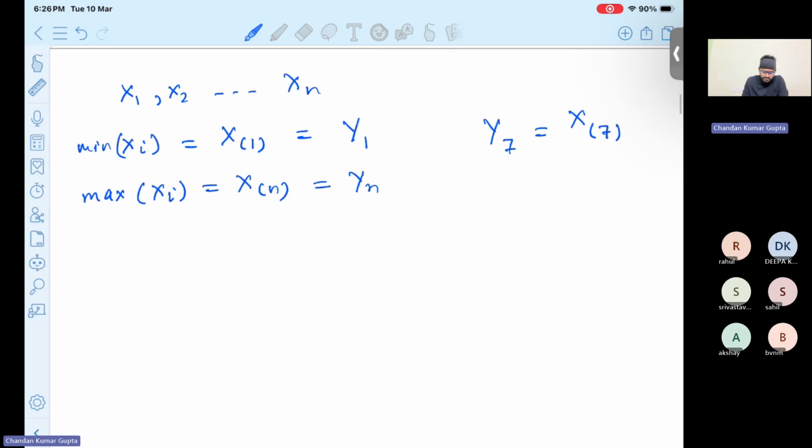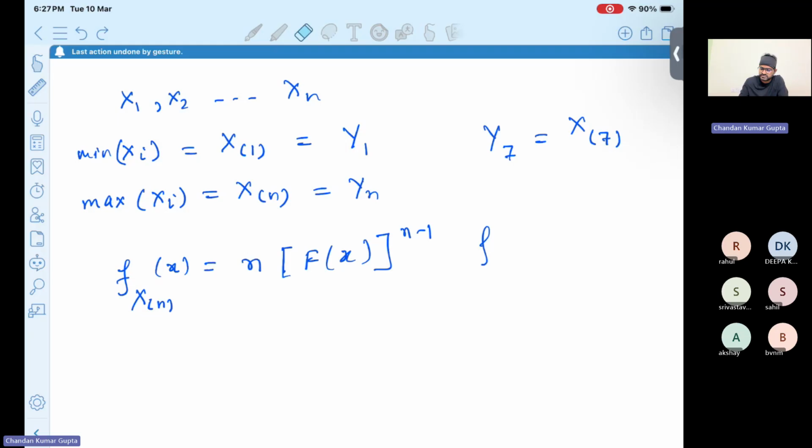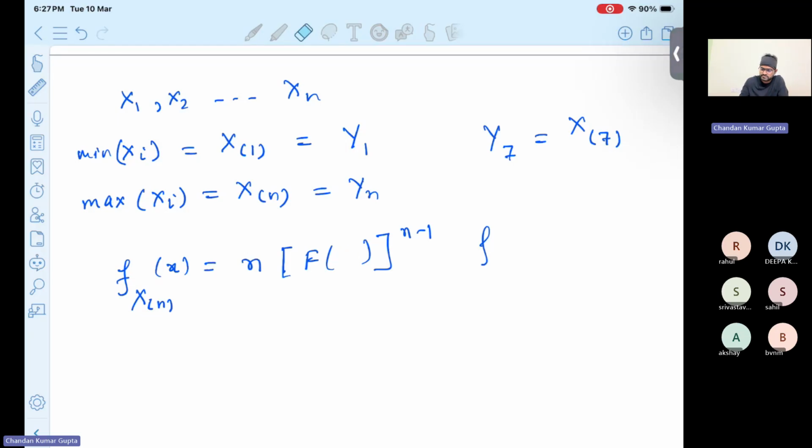So the distribution of order statistics is like this. Here it is actually yn, not xn, and here obviously f of yn.